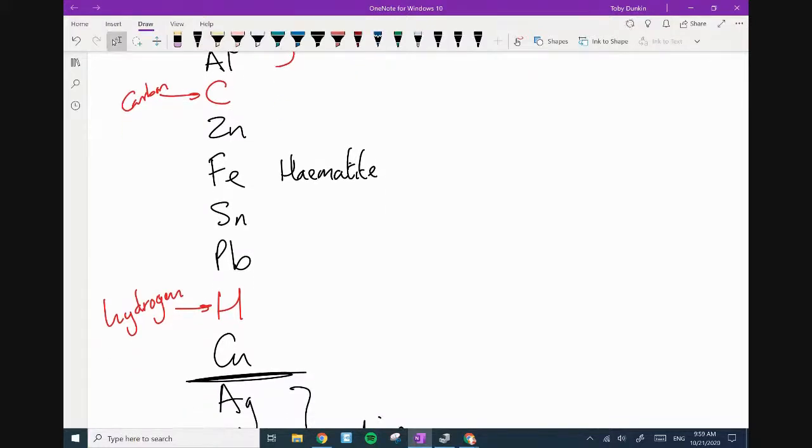Oh, no. I've got tin ore in my collection too. Oh, come on, think, Toby, think. No, it's not. It's stannous chloride. Oh, no, it's going to really bug me. Oh, darn it, I've forgotten.